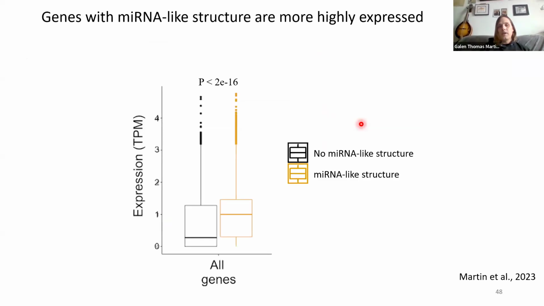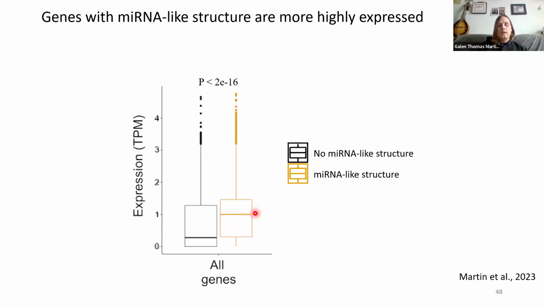And interestingly, we find that the ones that have structure tend to be more highly expressed than those without structure. So clearly, these regions aren't actually silencing these genes. And there could be a number of explanations for this, right?